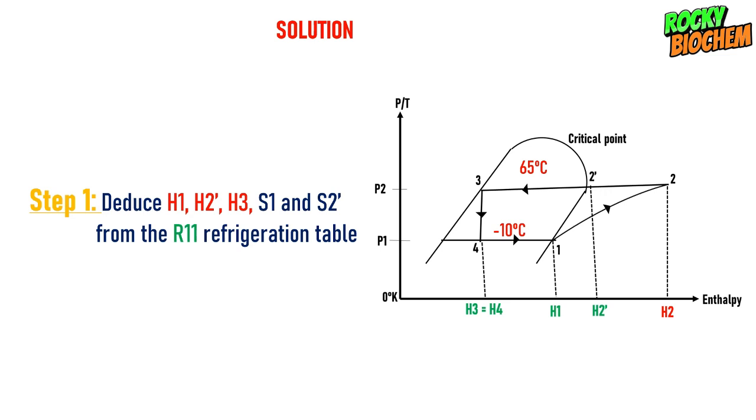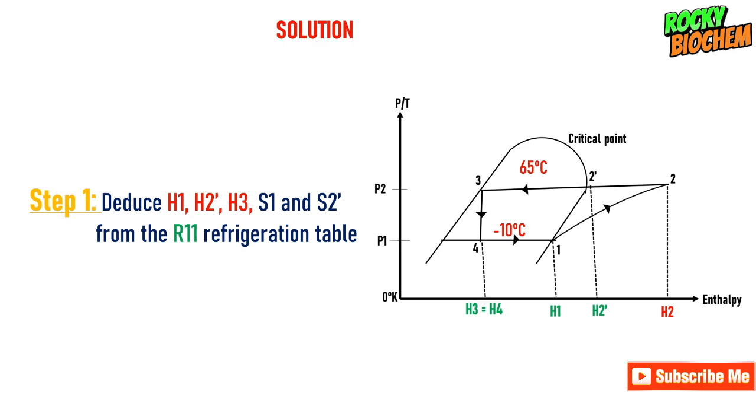As I said, every refrigerant has its own refrigeration table. So when you are asked to use Freon 11 and you use Freon 12's refrigeration table, you are automatically solving the question wrongly. You will score 0. So please pay attention to the refrigerant that you'll be asked to use for the calculation.